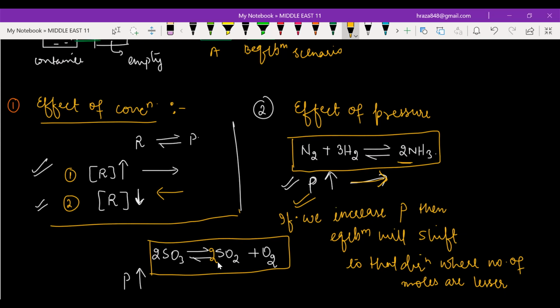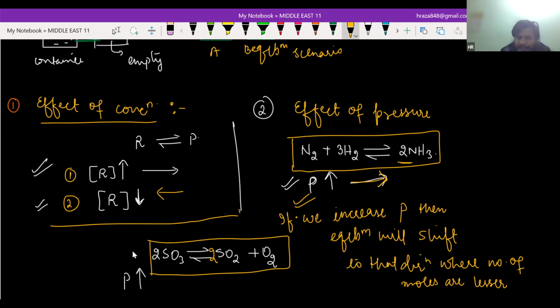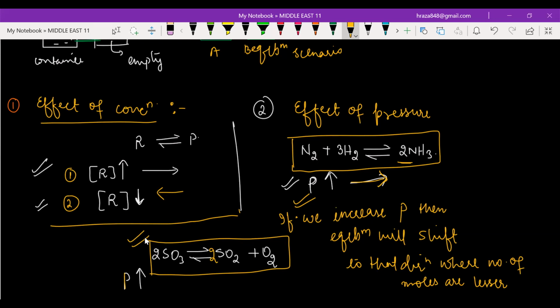Again, you answer me. If you increase the pressure in this container for this process, where will the equilibrium shift, or what will be the direction? Left to right or right to left? It's right to left.